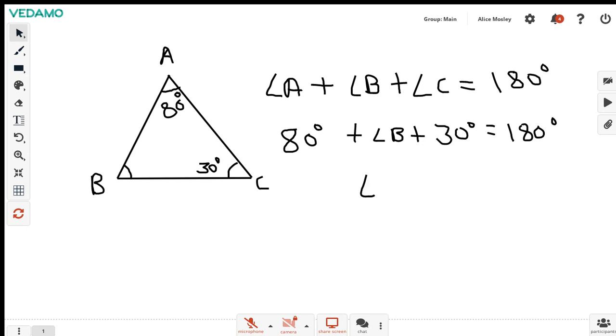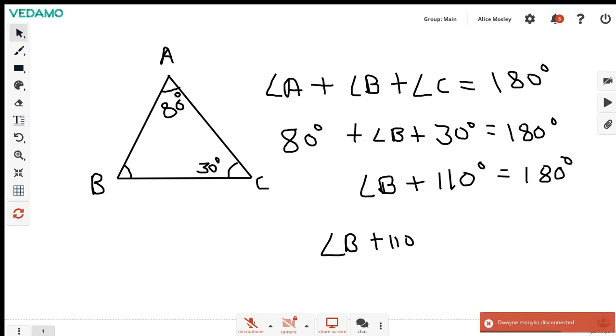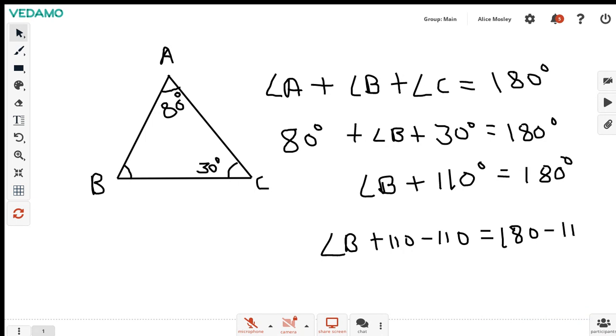This can also be written as angle B plus 110 degrees is equal to 180 degrees. This looks like a linear equation, so I do the inverse operation. Angle B plus 110 minus 110 is equal to 180 minus 110.